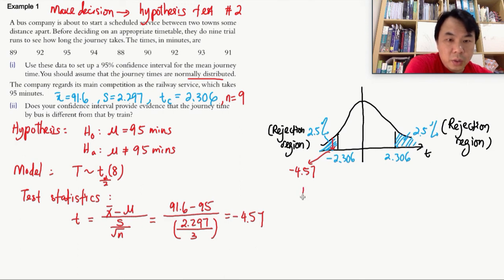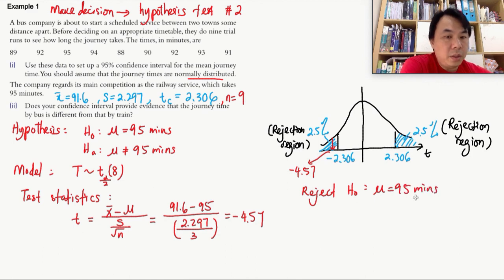So here we are going to reject our null hypothesis, which is equal to 95 minutes here. And then finally, you have to make conclusions based on this context. Because we are rejecting this, we are indirectly supporting our alternative hypothesis.